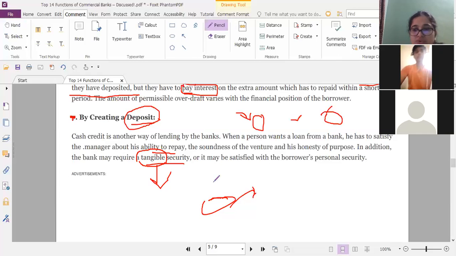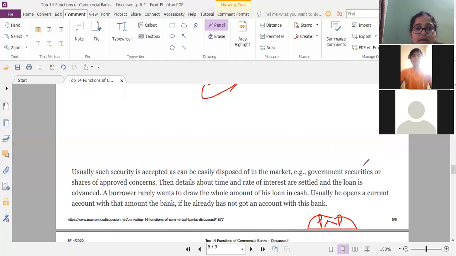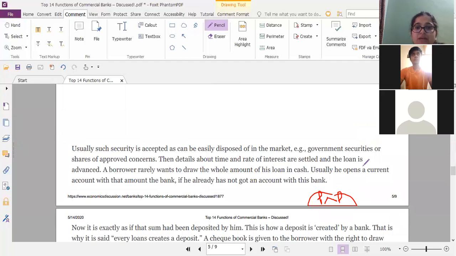So on those securities, the bank lends you loan, or it may be satisfied with the borrower's personal security. Usually, such security is accepted as can be easily disposed of in the market. So, usually, what type of securities does the bank accept? That is a security which can be easily disposed of in the market.